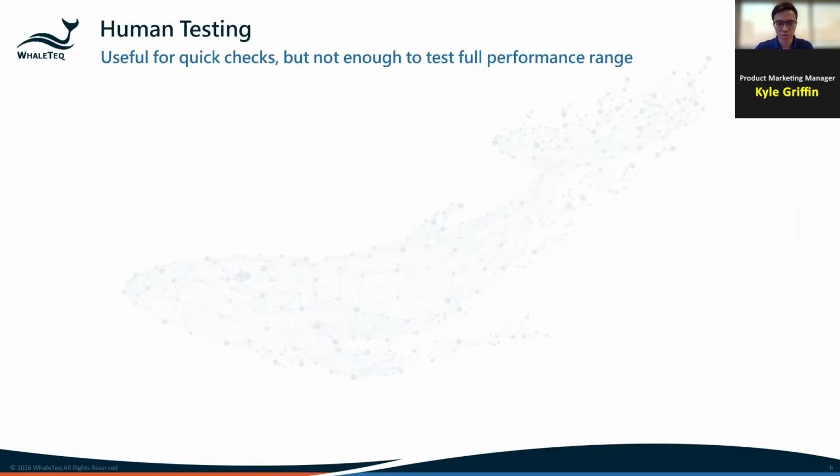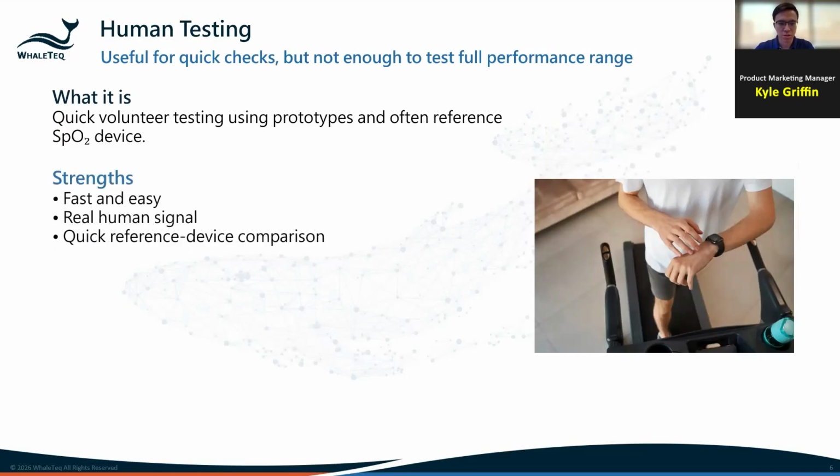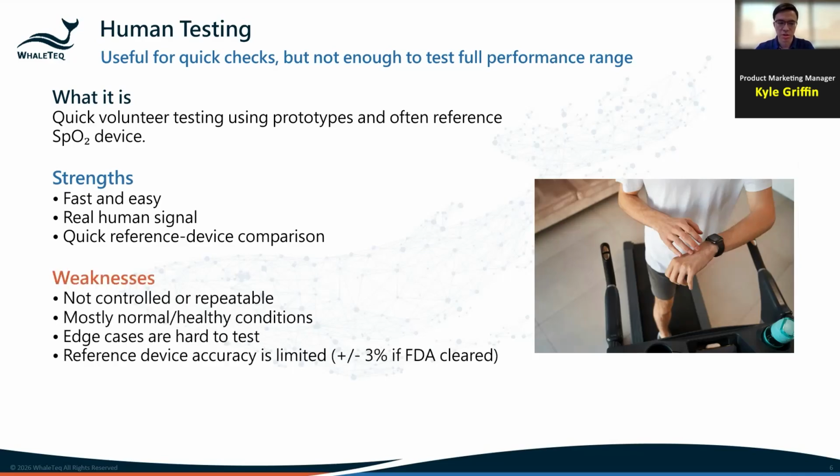For human testing, these are quick volunteer tests using your prototype, and often you will pair it with a reference SpO₂ device. This is where you ask your colleagues or even yourself, or maybe a subject group, to put on your DUT. It's fast and easy. It uses real human signals, and it allows for a quick reference device comparison. The weaknesses are it's not a controlled or repeatable method.